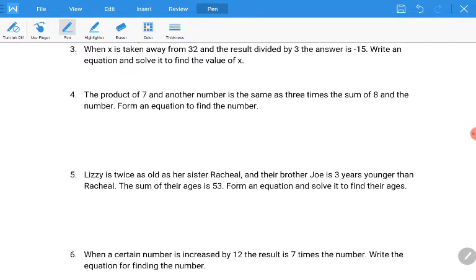Let's look at our third question, which is saying when x is taken away from 32 and the result is divided by 3, the answer is negative 15. Write an equation and solve it to find the value of x.